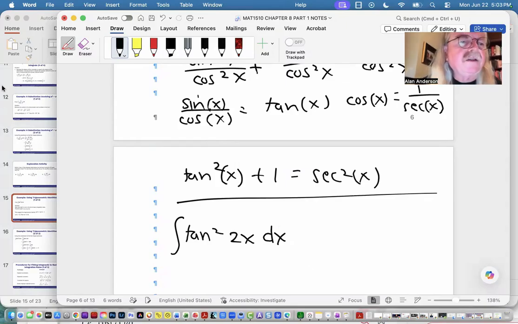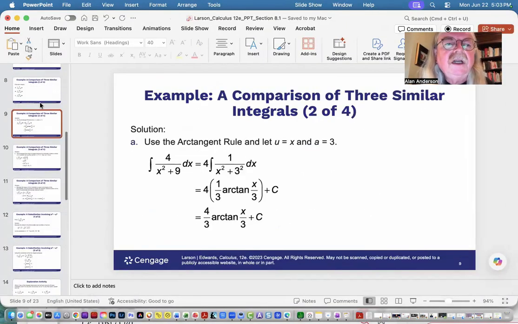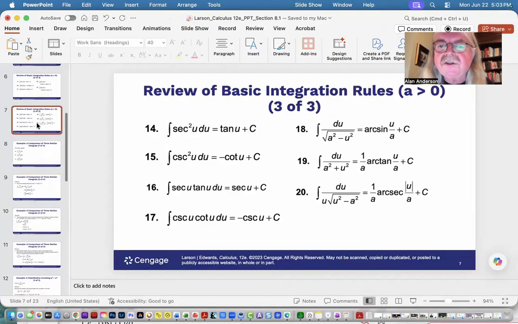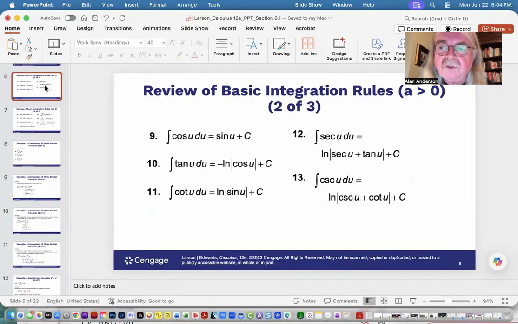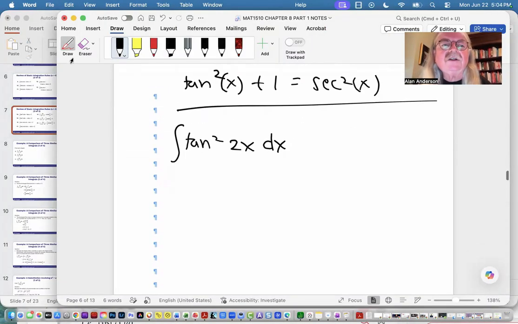In fact, let's go back to the list. And in none of the cases will you see an integral for the tangent squared. There's a lot of trig functions here, but that's not one of them. Okay, but there is one that involves the secant squared. So that means that's a clue.